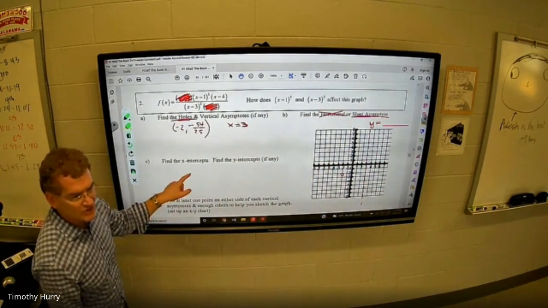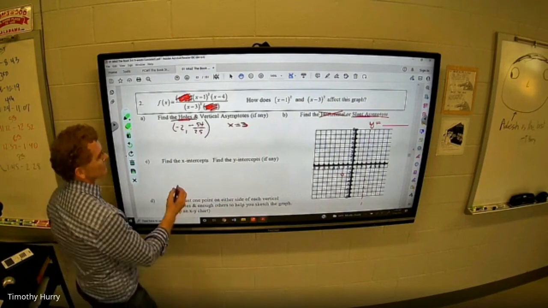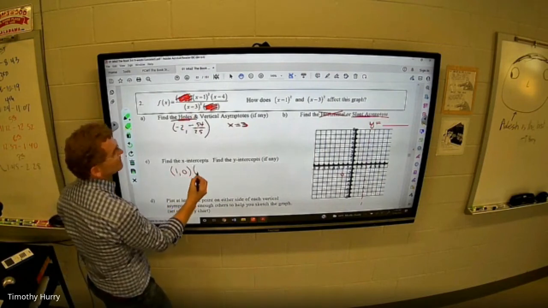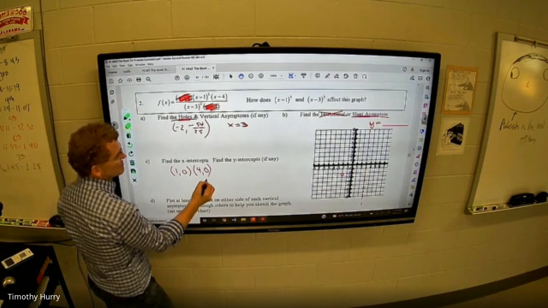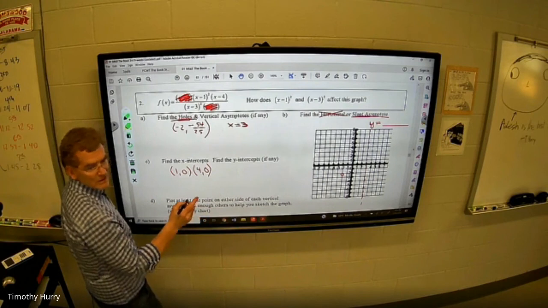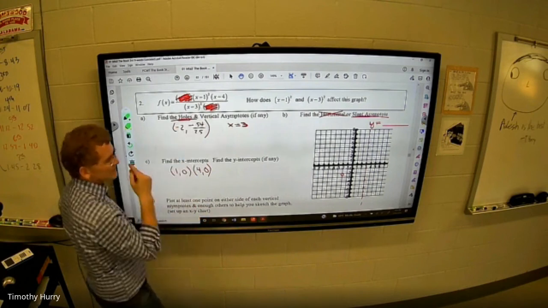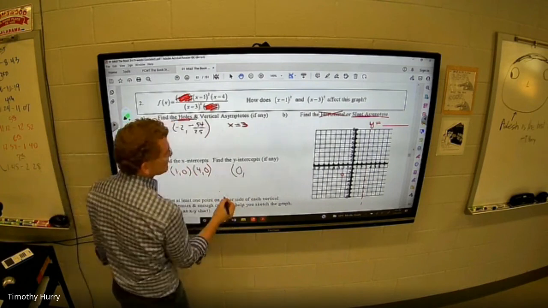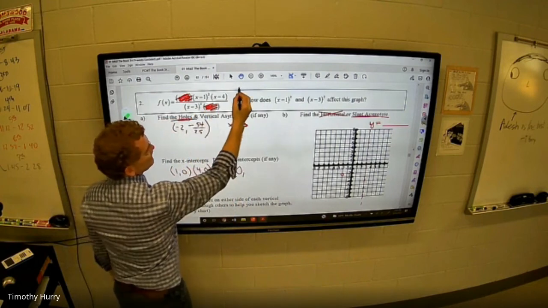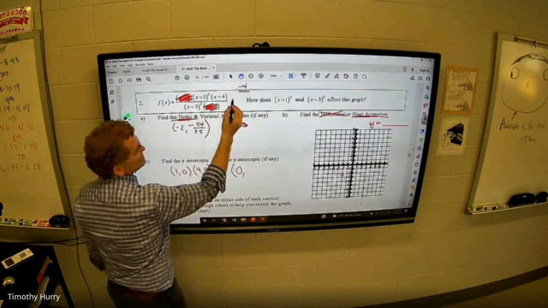What are my x-intercepts? X would be what? 1 or 0 and 4 or 0? And what about y-intercepts? I'd plug a 0 in for x, right? And I'd get 1, -1 squared, which is 1, -4 on the top, -3 squared, which is 9.